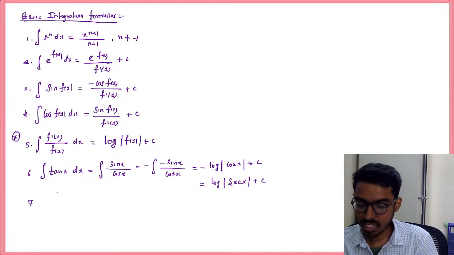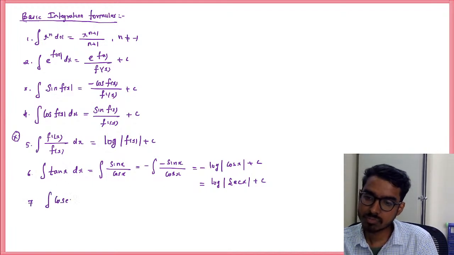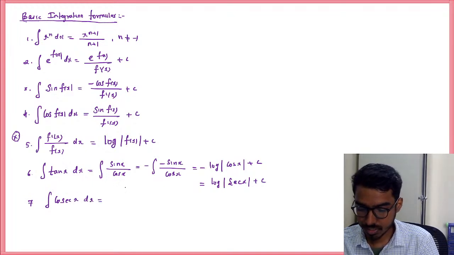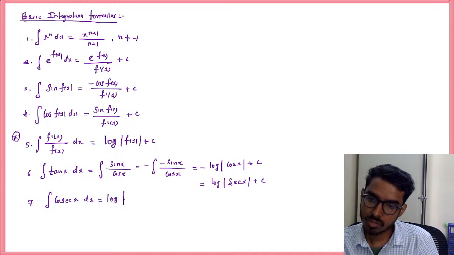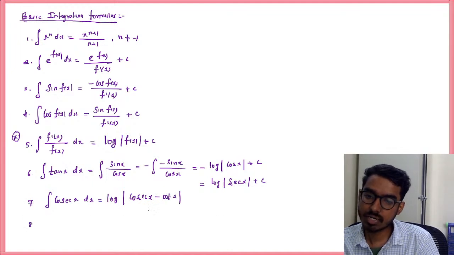7th, integration of cosecant x dx is log modulus of cosecant x minus cot x plus c.